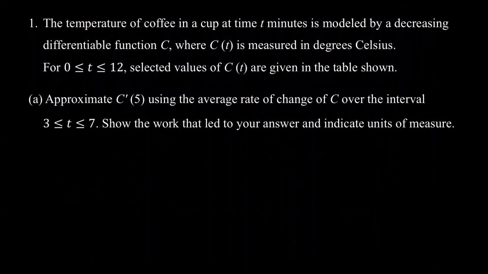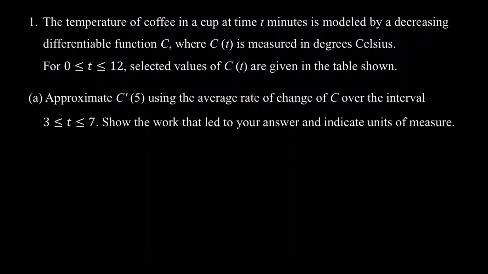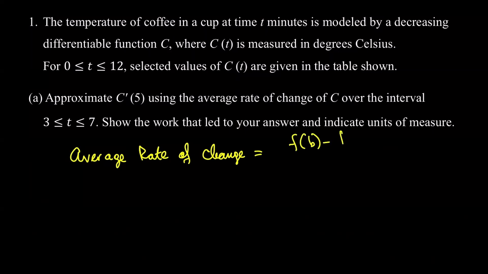And so let's start by recalling what the average rate of change is. This is equal to f of b minus f of a, divided by b minus a.